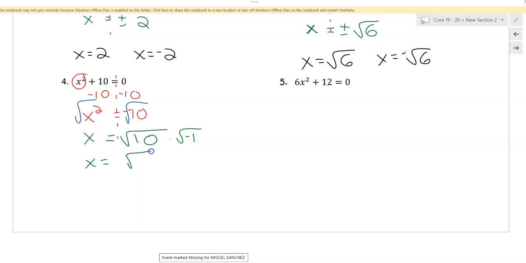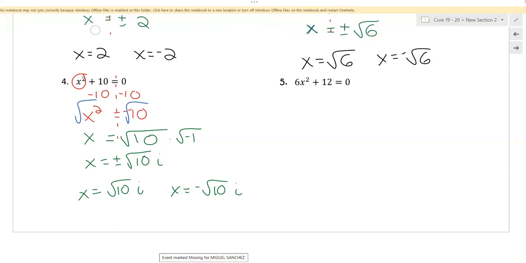I cannot take the square root of 10, although it still needs a plus or minus, and the square root of negative 1 is i. So x equals plus or minus square root 10 i. Be very careful that i is not under the square root. It's outside of the square root.